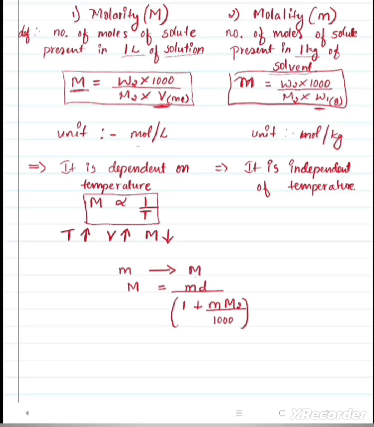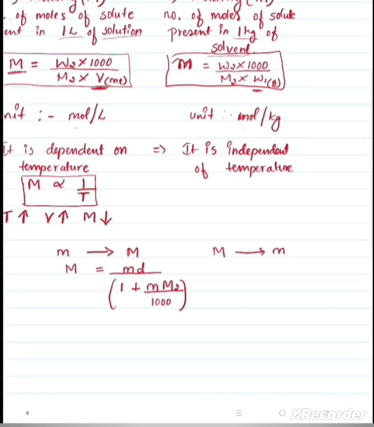Then, from molarity we can find molality. Here also we have a formula: molality equals 1000 into molarity divided by 1000 into density of solution minus molarity into molar mass of solute.